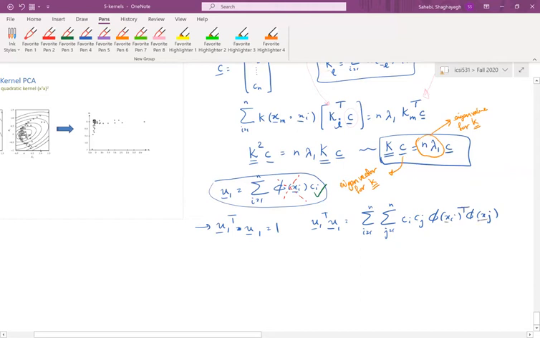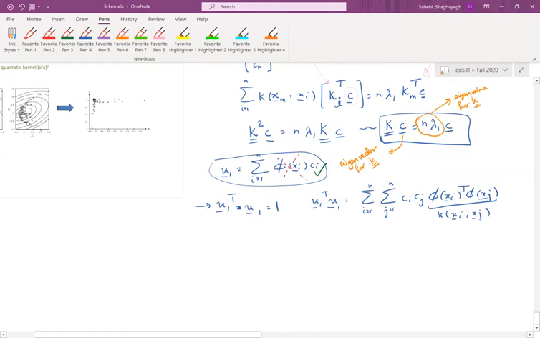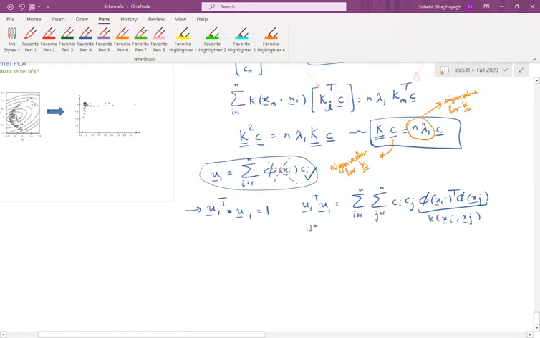And this is k of xi, xj. So basically I can rewrite u1 transpose u1 as c transpose, all the c's that I have, times K, my kernel matrix, times c.